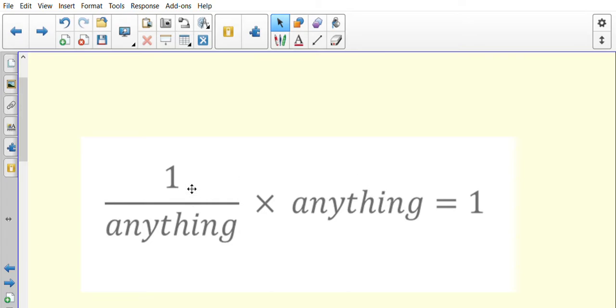So if you've got 1 over the same number, say 1 over 8, and you multiplied that by the whole number 8, so an eighth times 8, it would equal 1. And that could be applied for any number.